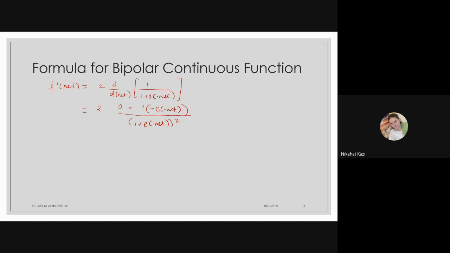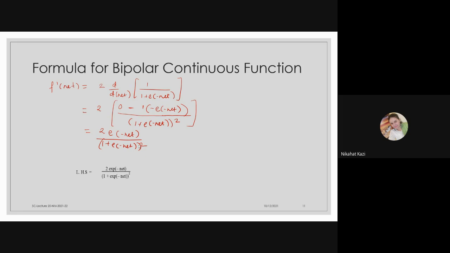You multiply this with 2. So the end result is 2 times, this is minus into minus plus, e raised to minus net upon 1 plus e raised to minus net, the whole square. This is what you get, right?